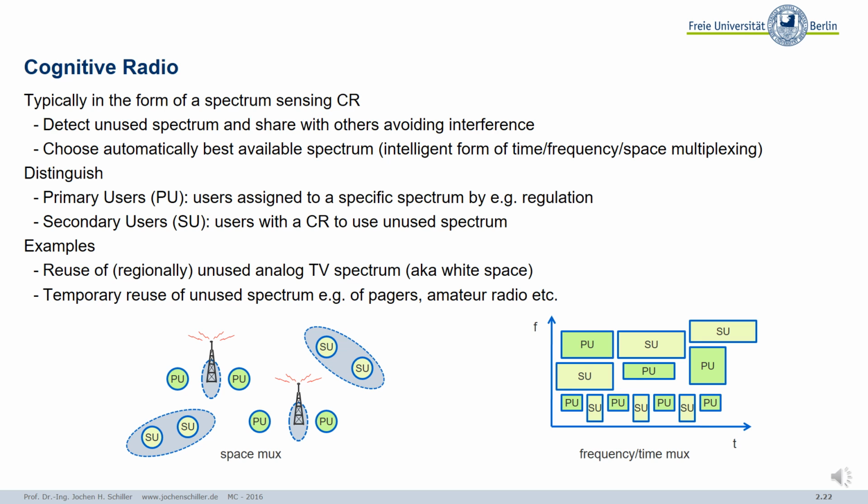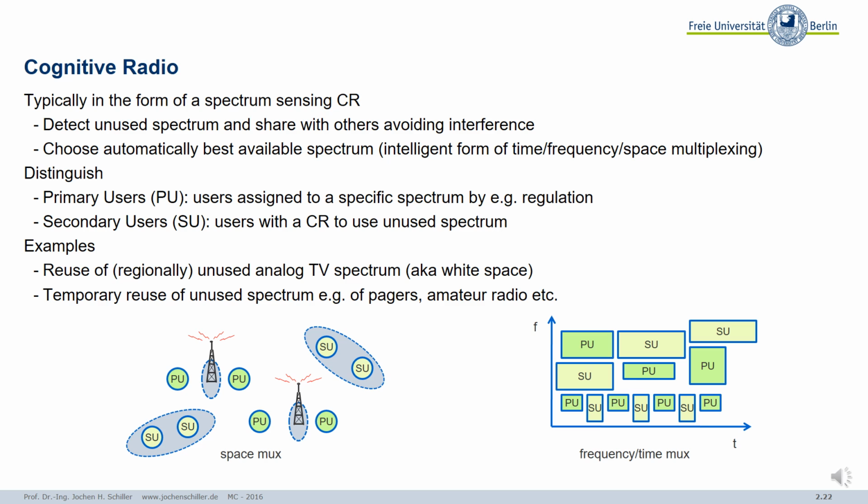Another way of doing this is, okay, let's have some kind of a smooth transition. And this is where you can use the so-called cognitive radios. What does it mean, a cognitive radio? Basically, and that's the typical cognitive radio, a spectrum sensing cognitive radio. It's a radio that tries to receive something and tries to detect unused spectrum.